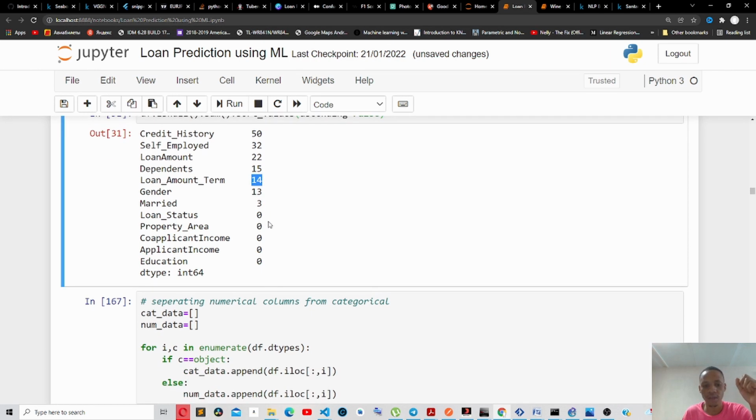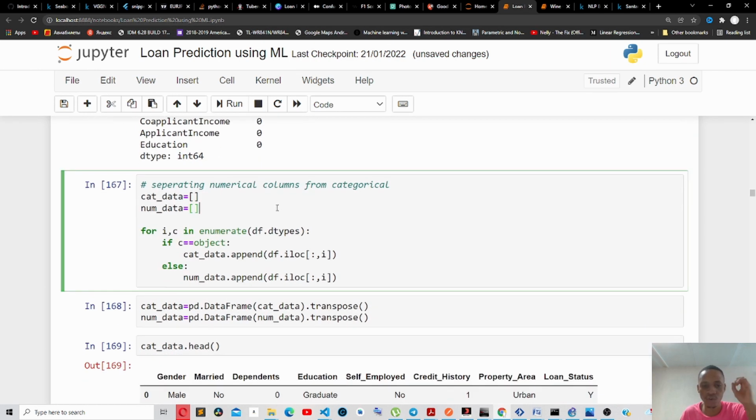So now the thing that we are going to do is separate our values into numerical and categorical values. Categorical values are features that show categories, and numerical values are features with numbers.